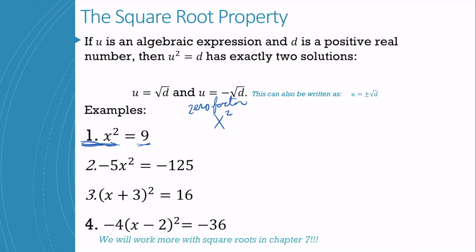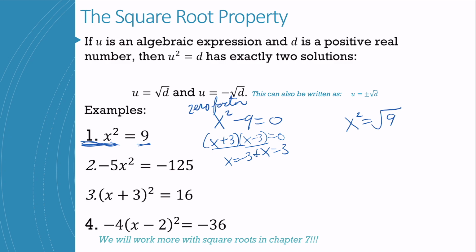This is just showing you that if I move the 9 over and set it equal to 0, and then I factored it, I would get 2 x values: x is negative 3, and x is 3. But I could also use the square root property. So if x squared equals 9, then I take the square root of both sides. x is plus or minus 3, which I could write as negative 3 and positive 3.